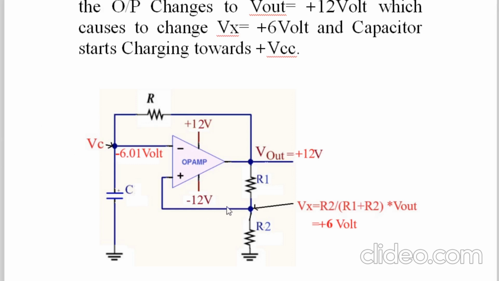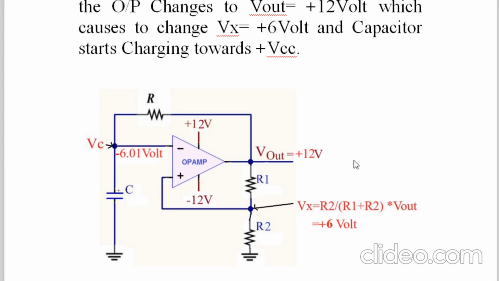Now here this voltage is 6 volt. You can change the value of R1 and R2 and make this voltage 3 volt also. Therefore, the time required to charge the capacitor to 3 volt will be less. Or you can change R1 and R2 and make this voltage 9 volt, so the time required to charge the capacitor to 9 volt will be longer compared to 6 volt, and vice versa for discharging.